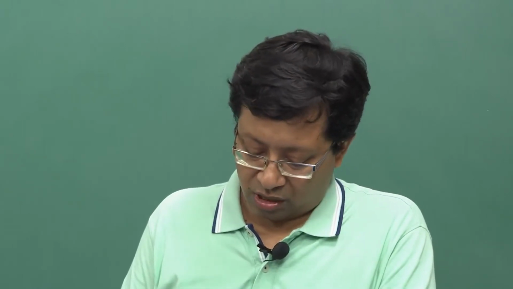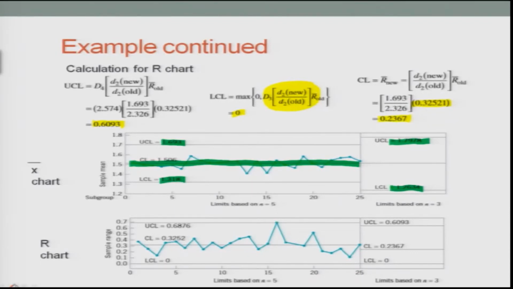Now, when I go to the R charts, as I said, I will be using the red highlighter. Here the central line value is 0.236, where I am hovering; the yellow color I am not going to change. So, 0.2367 is coming from here, and the actual central value initially was 0.3251, which is here.